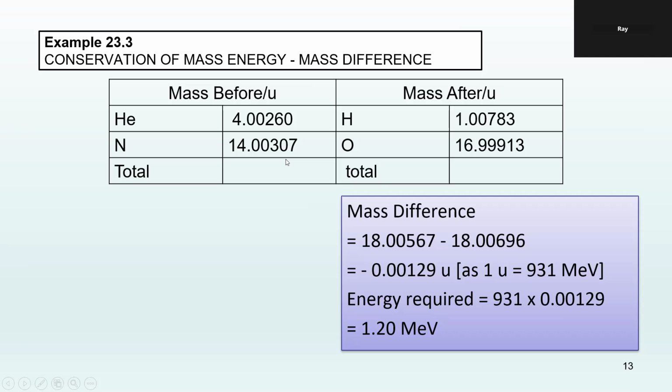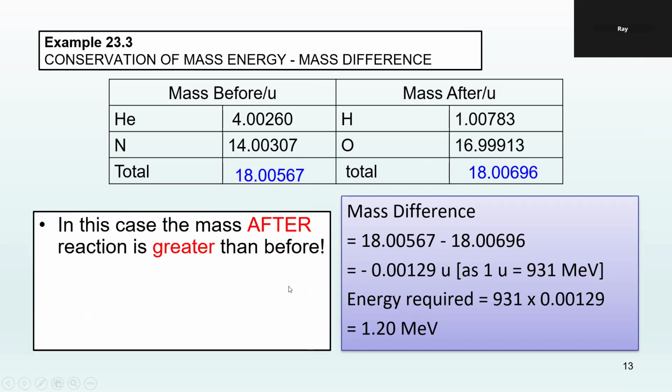Add them up. That's the initial total mass, and then the total mass finally. So the mass difference: subtract that, we get a negative sign now. And then we use one atomic mass unit is 931 mega electron volt.